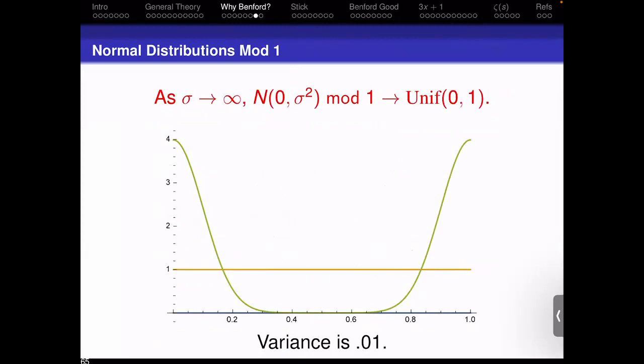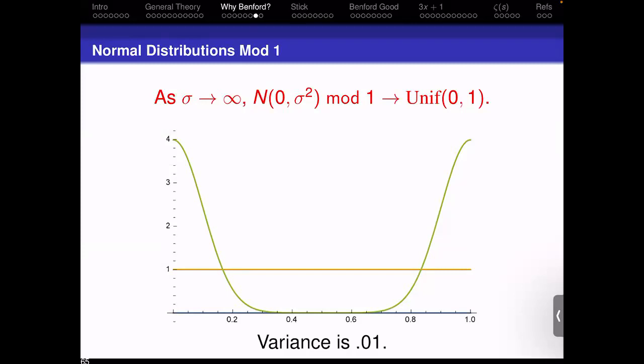We said that a process is Benford if its logarithm is equidistributed mod 1. So let's assume that the logarithm of what we care about is normally distributed, and since we care about what things look like mod 1, we look at the logarithm mod 1.